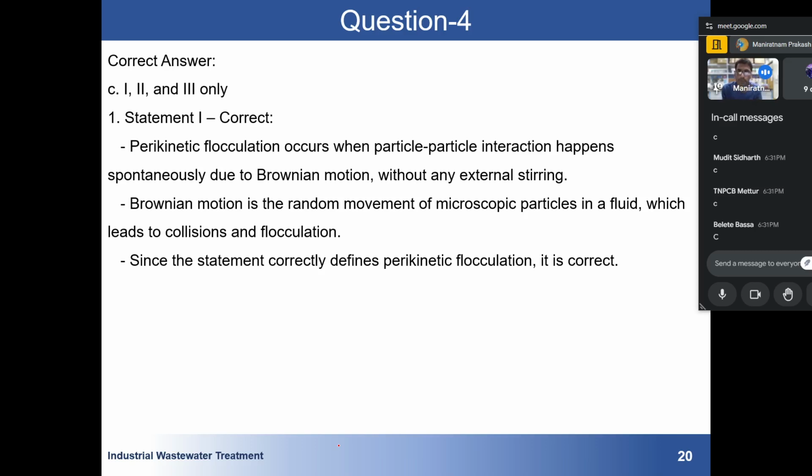Perikinetic flocculation occurs when particle-particle interaction happens due to Brownian motion without any external stimulus. Brownian movement is the random movement of microscopic particles in a fluid, which leads to collision and flocculation. Remember, due to Brownian movement, particles will strike each other, and there are chances that they will form larger particles, and this is known as perikinetic flocculation.